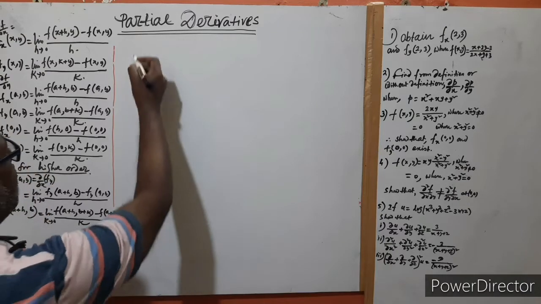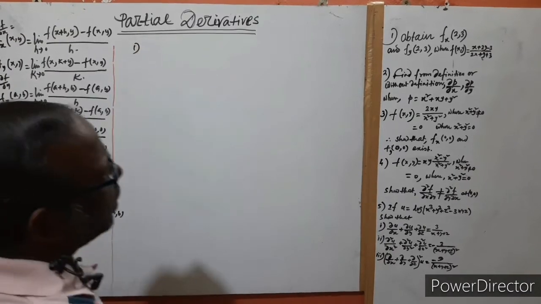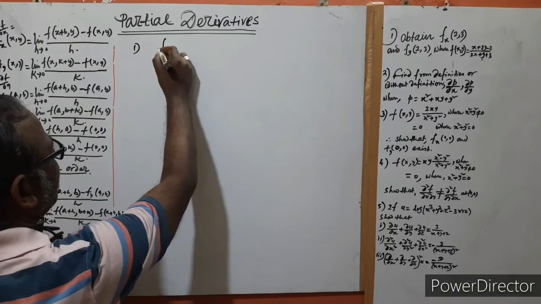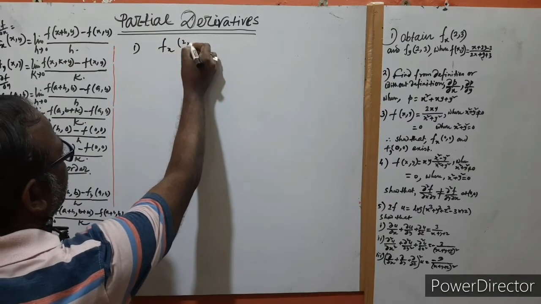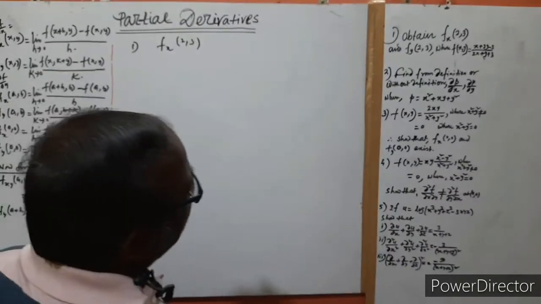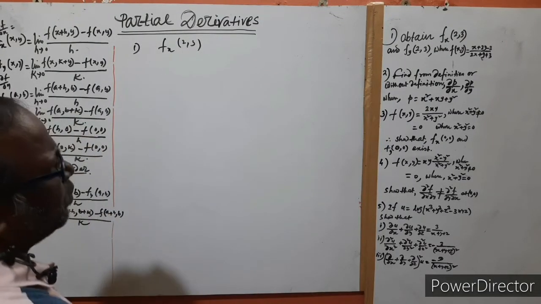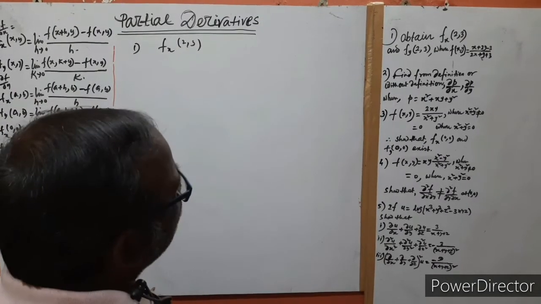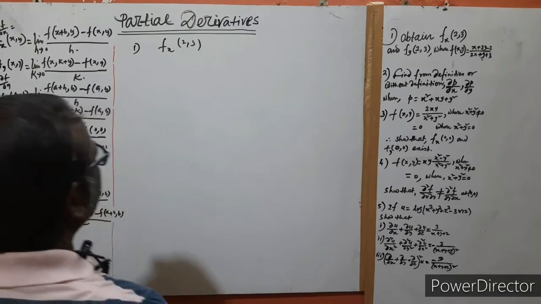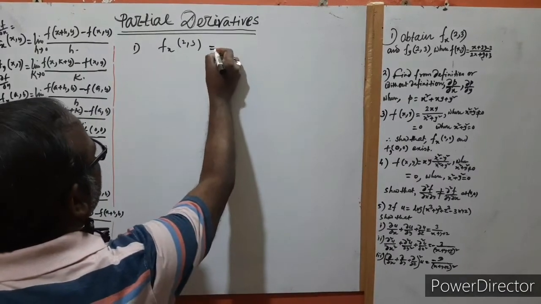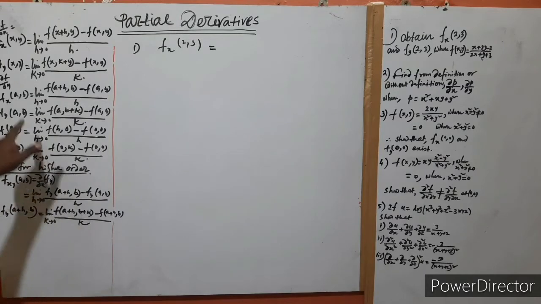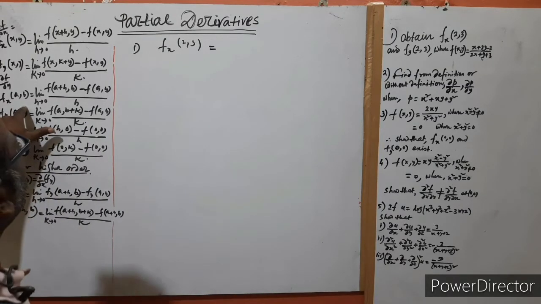Now, question number 1: obtain f_x at the point (2, 3) and f_y at the point (2, 3). With respect to x, follow the rules here with the help of first principle.